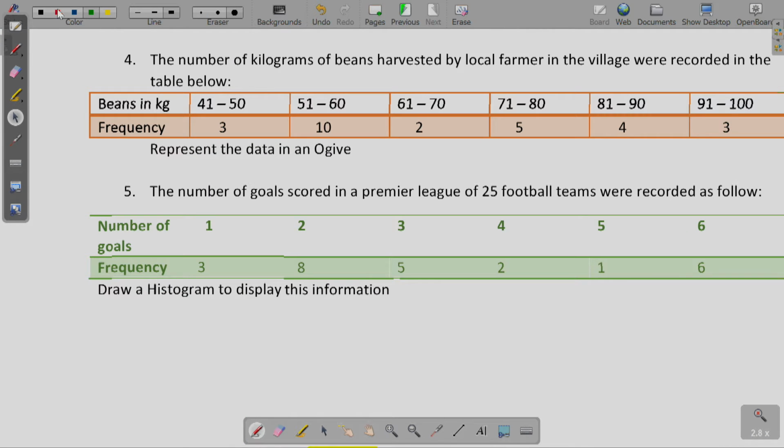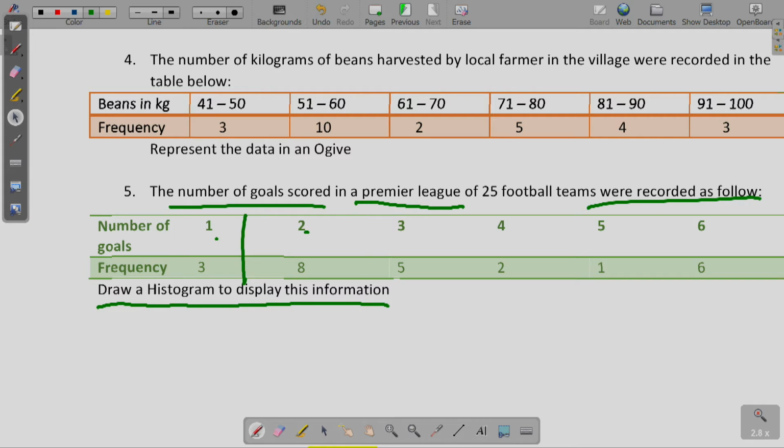Now we enter our last question. The question says the number of goals scored in a Premier League by 25 football teams were recorded as follows. We have number of goals and we have frequency. The question says draw a histogram to display this information. We have to display this information on the histogram.